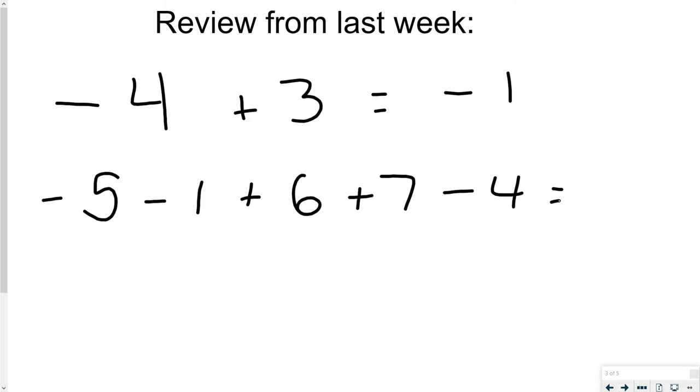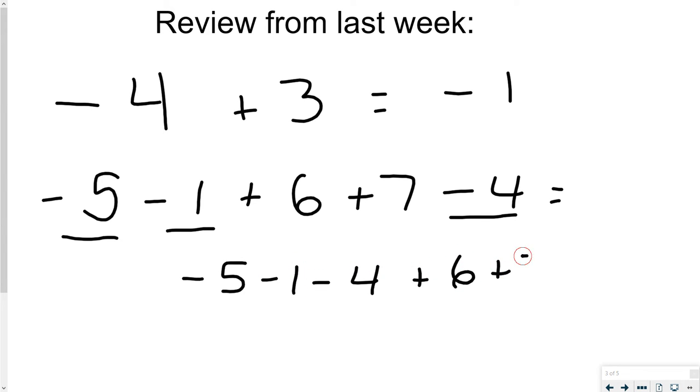So we put all our losses together: a loss of 5, a loss of 1 is 6, a loss of 4 is a loss of 10. Then we combined our gains, and you had 13.